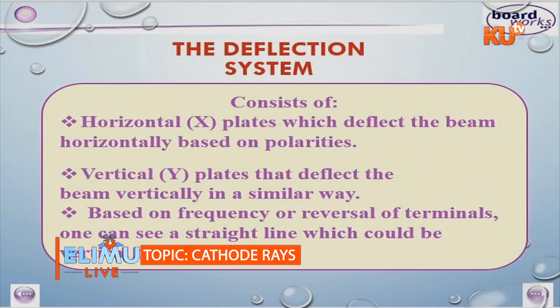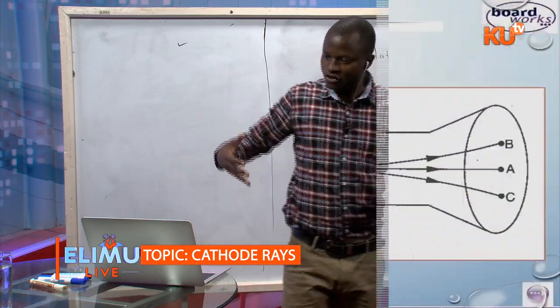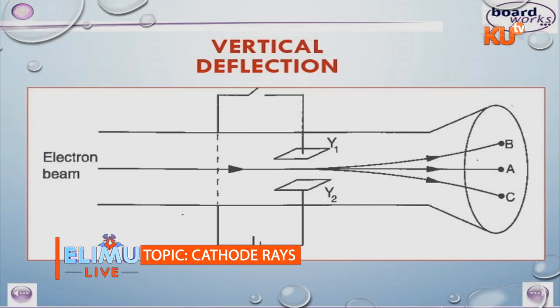Then we have what we call the Y plates. Y is vertical, X is horizontal. So the X plates or the horizontal deflection, they will always deflect the beam horizontally based on polarities. Now, if you look at the next slide, you will see that the next one, I started with the X.